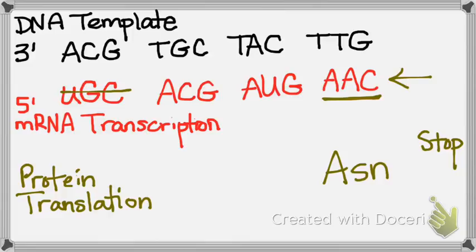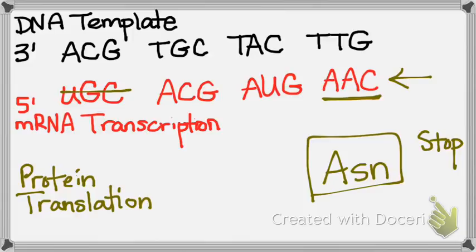Okay, if you look at the bottom of your instruction sheet, it'll give you some shapes and codes for those various amino acids. So for example, earlier we had done AAC was asparagine.